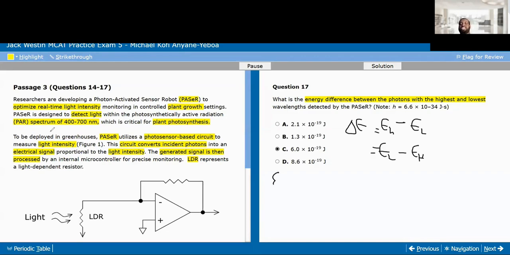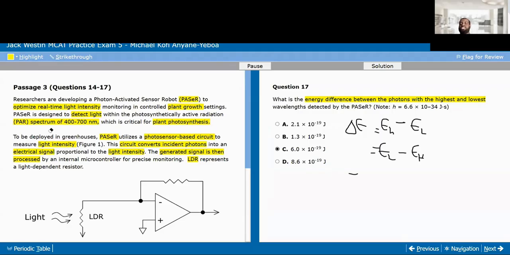And we know that our energy is hf, and we know our frequency is going to be speed of light divided by lambda, right? And this is something we need to remember. These are equations we need to remember. So please, please, please remember these. Let me erase all of that so that we can continue working on this answer.